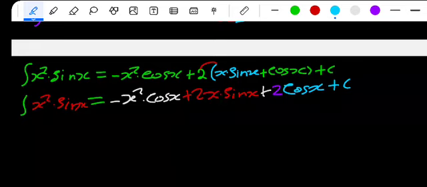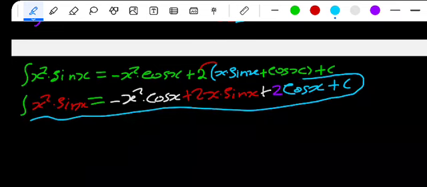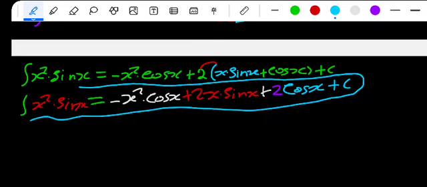All right, so this simplifies to that. This is your final answer there. All right, this is what you have so far. We took care of them.